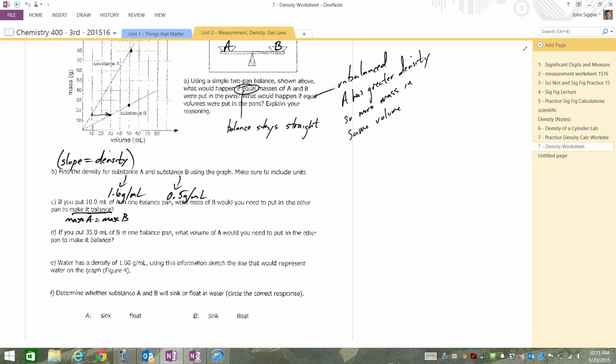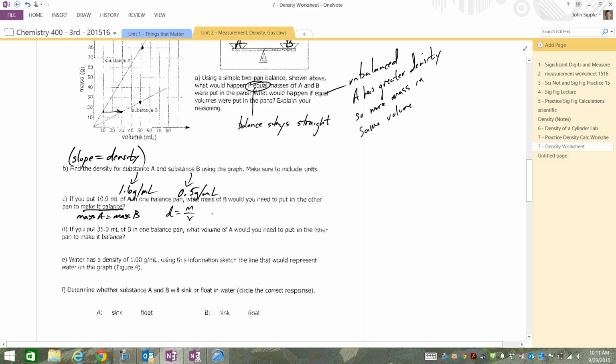All right. I just know D equals M over V, right? And I just plugged in. I know the density of A is 1.6 grams per milliliter. And I don't know the mass, but I do know the volume is 10.0 milliliters. So mass is equal to 16 grams.